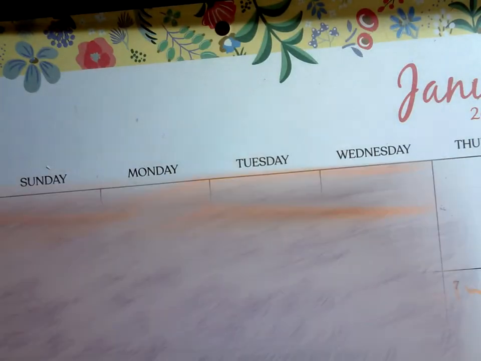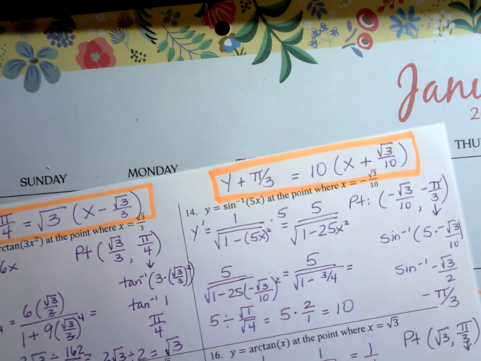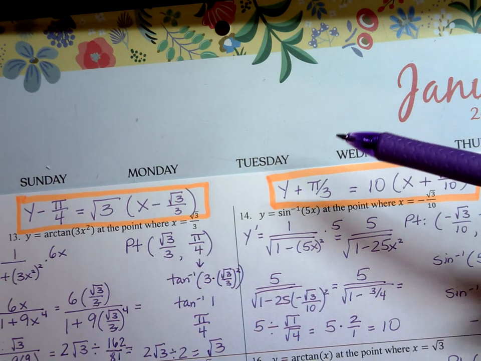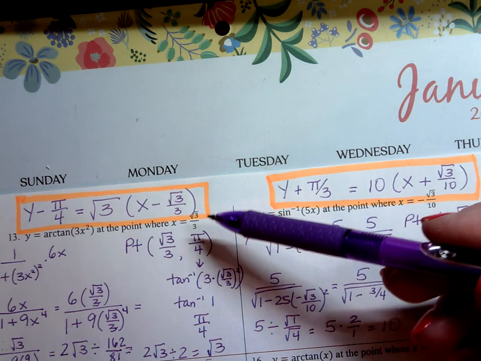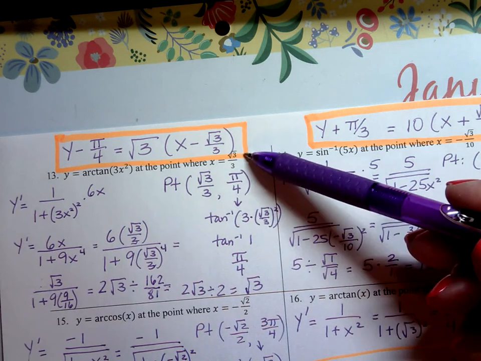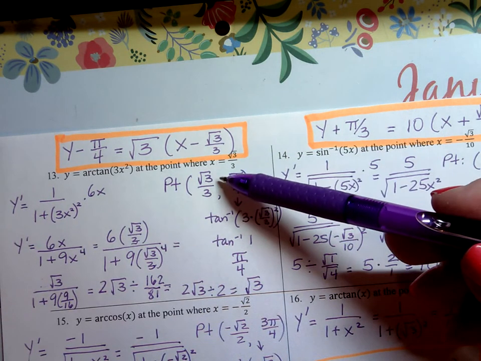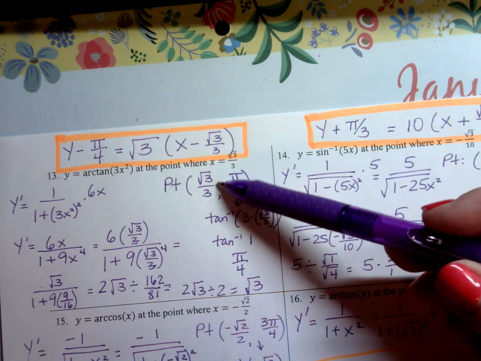The last little bit here, 13, 14, 15, 16 are all the same thing. Let's see. I'm looking at 13 particularly for this first one. I've got an x value of the square root of 3 over 3. Go to your chart, you get pi over 4 is your value that would happen at.